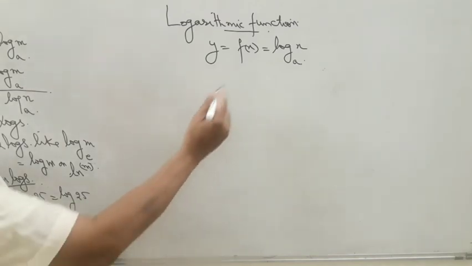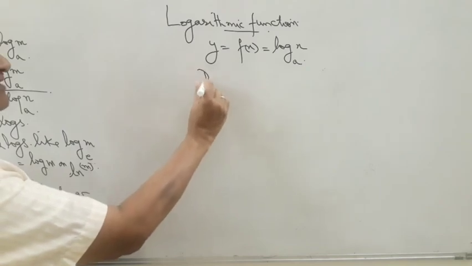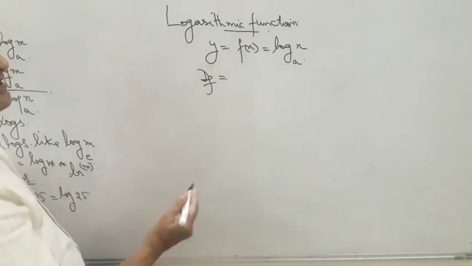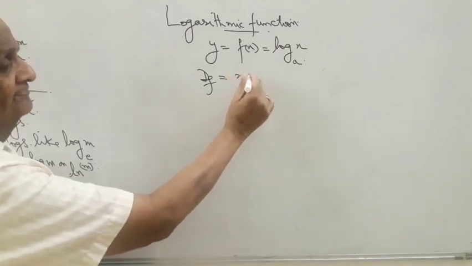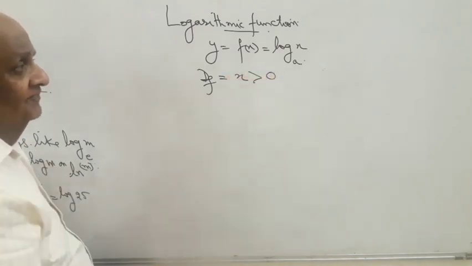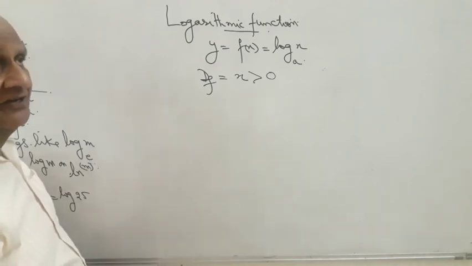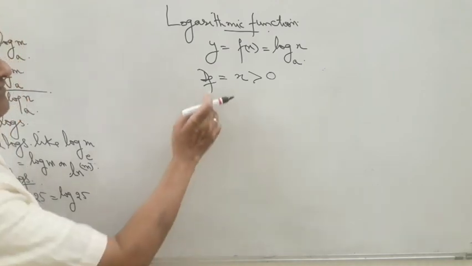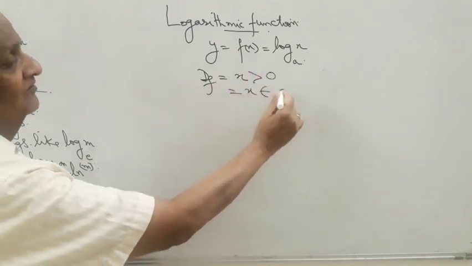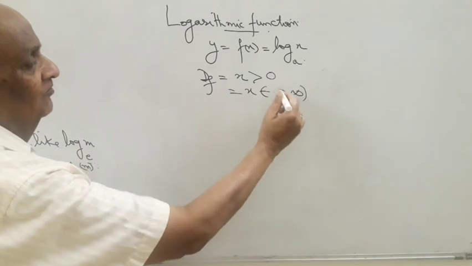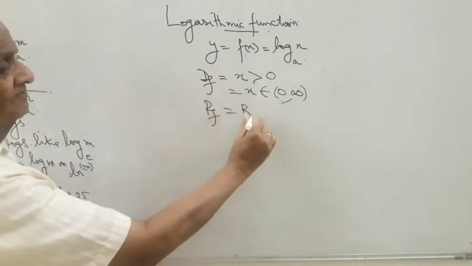This type of function is taken as a logarithmic function. The domain of the function is x should always be positive, x is greater than 0. Remember, because log 0 goes to infinity, that we never consider. So we say the domain of the function is x greater than 0, that is x belongs to 0 to infinity, open interval. The range of the function is all real.